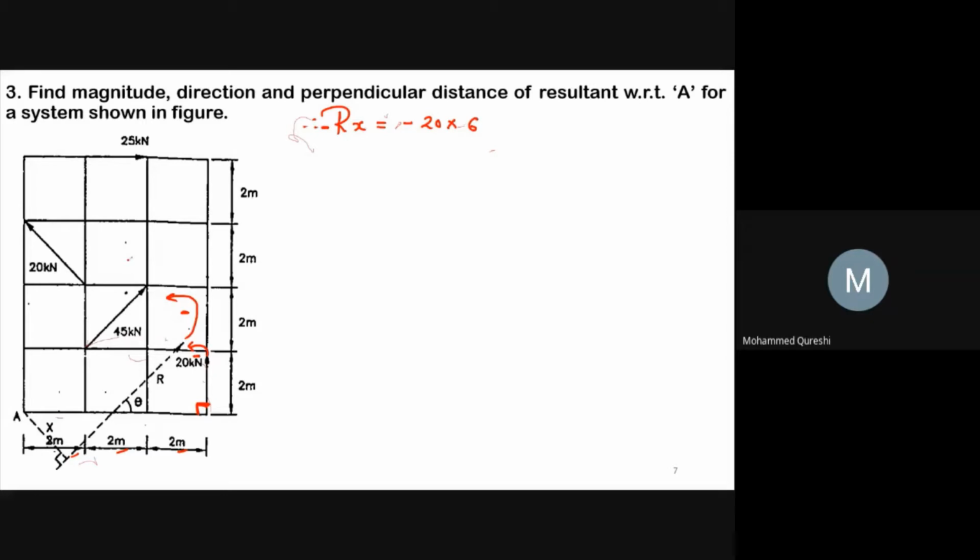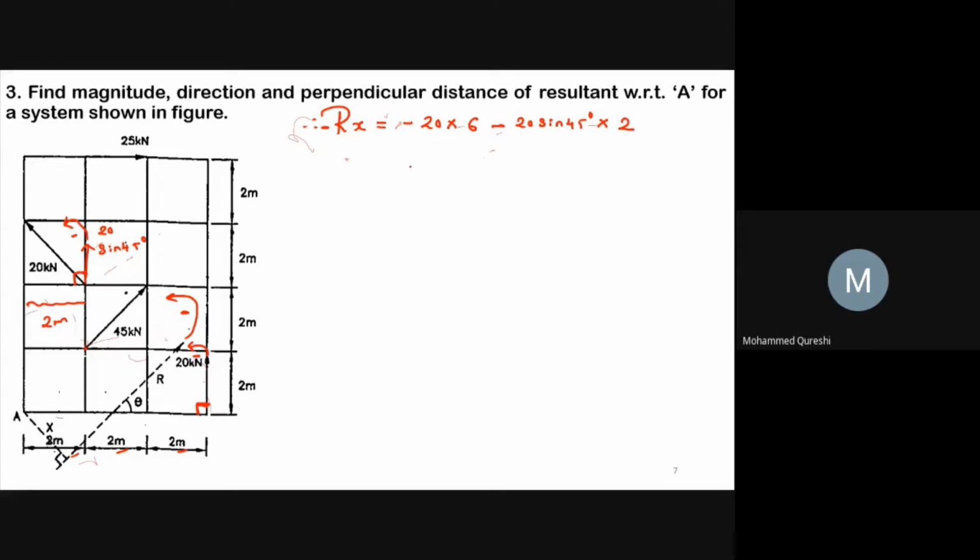Then next, let us take this force 20 sin 45 degree. This 20 sin 45 will move towards point A in anticlockwise direction. Hence, this will be negative into the perpendicular distance. This makes a perpendicular distance of 2 meter from point A. Hence, 2.